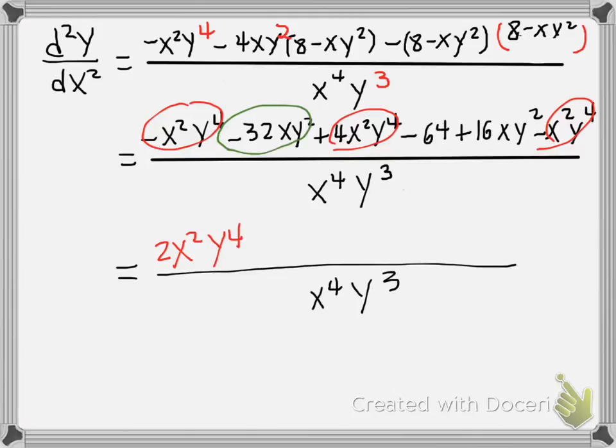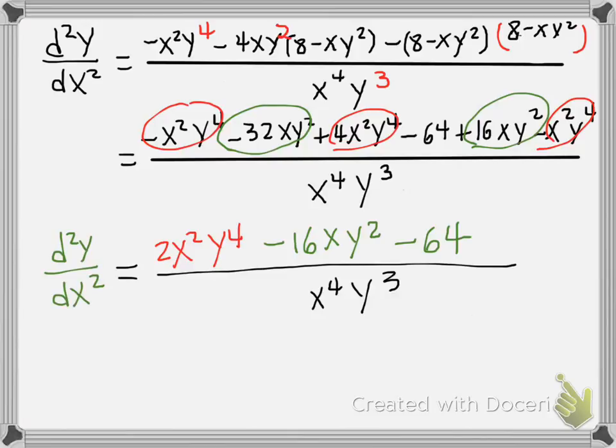We combine this and that to get minus 16x y squared and subtract 64 finally. And this is our expression for the second derivative of y with respect to x.